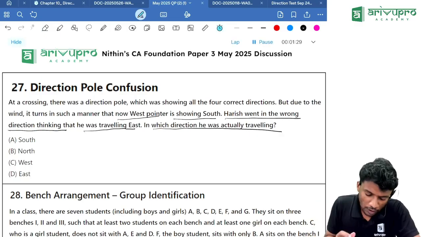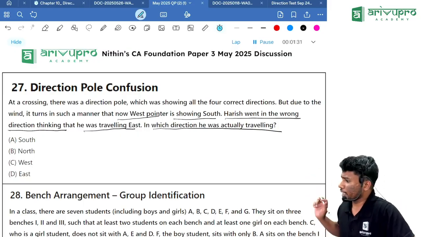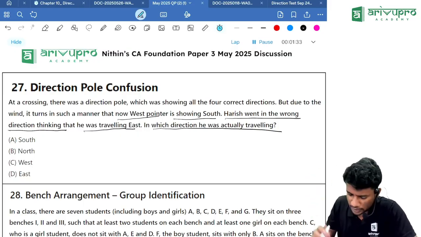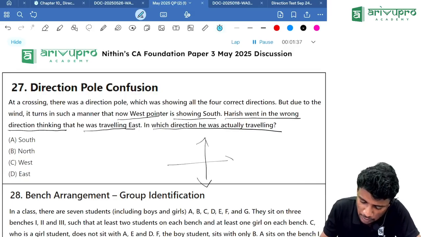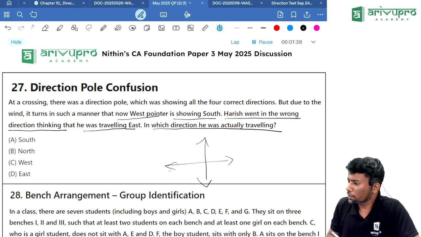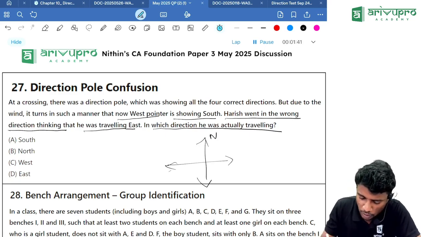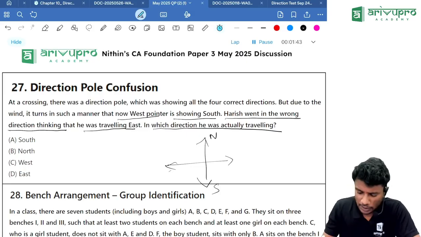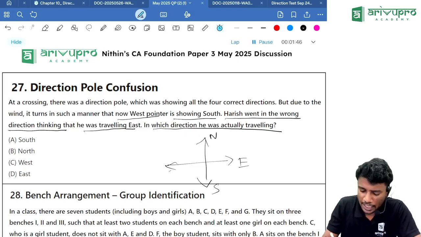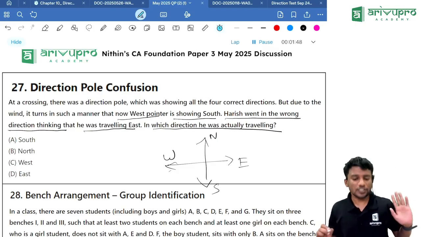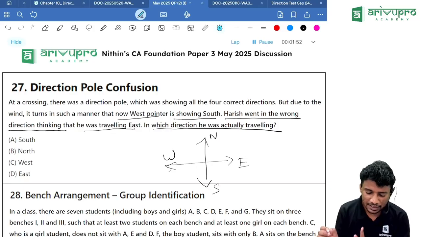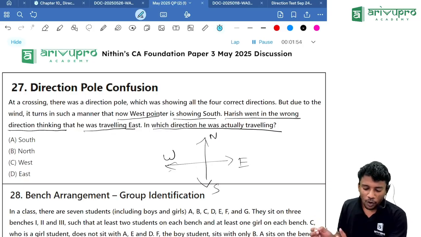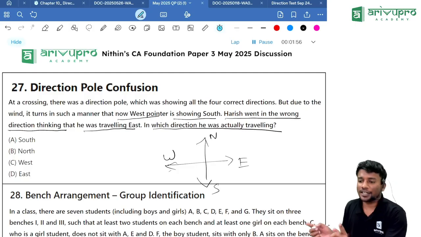Everyone knows how a direction pole looks like. This is a direction pole, correct? This is north, this is south, this is east, and this is west.